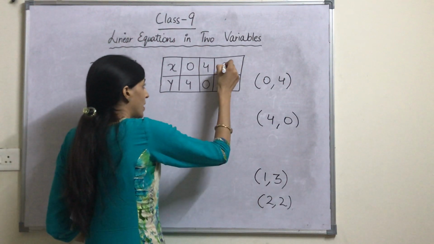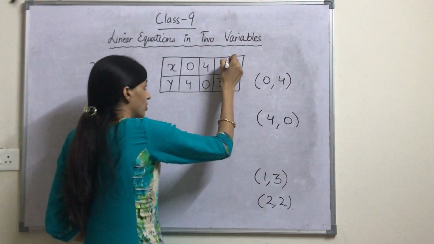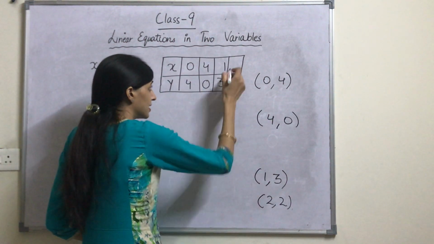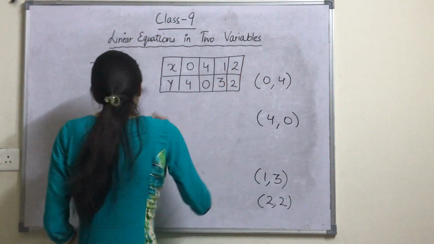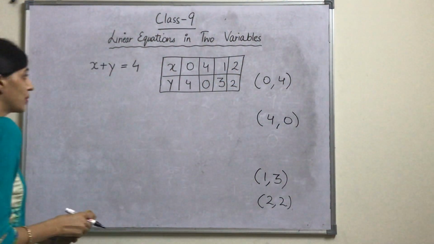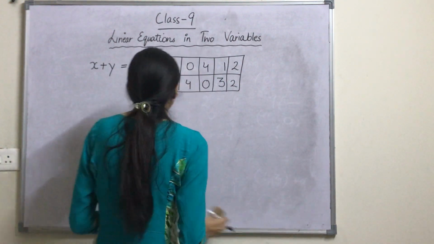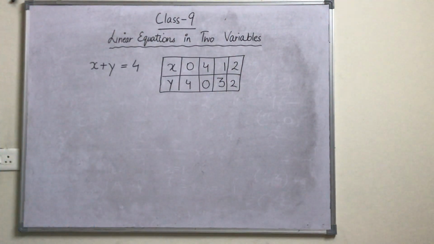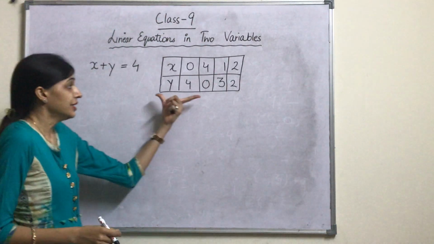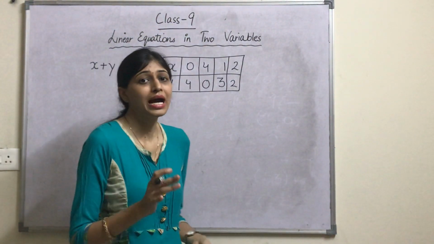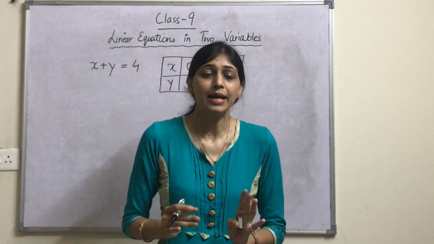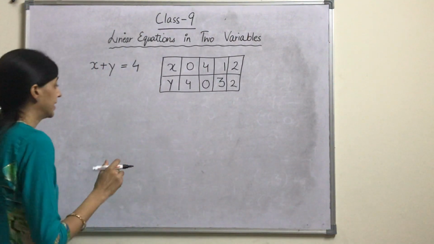When x is 1, y is 3. And when x is 2, y is 2. So in this way you have to make a table that these are the points with us. After that, you have to take a graph paper and plot the points on that.